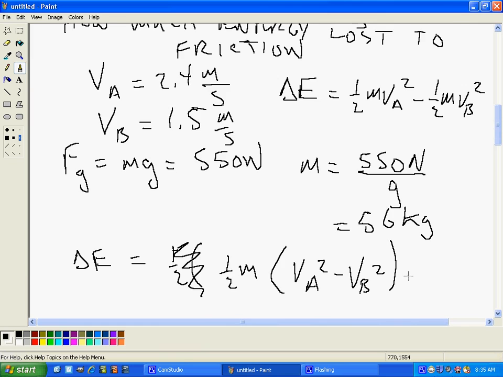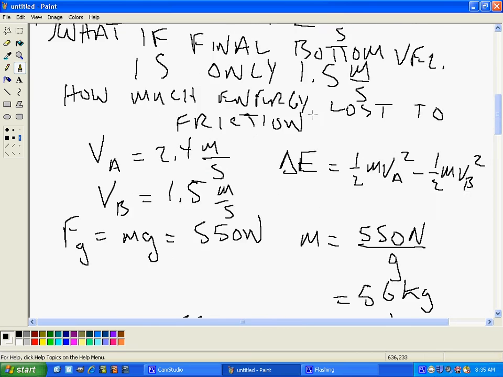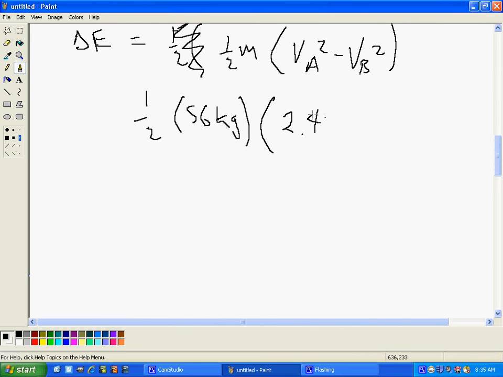That's going to be 1/2 times 56 kilos times va, which was 2.42, I believe. Yeah, 2.42 squared minus 1.5 squared.